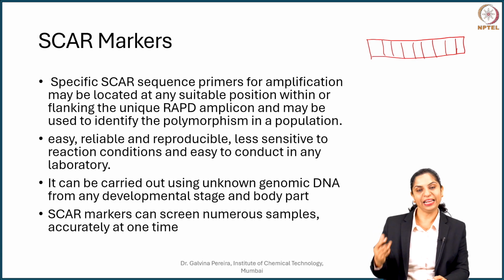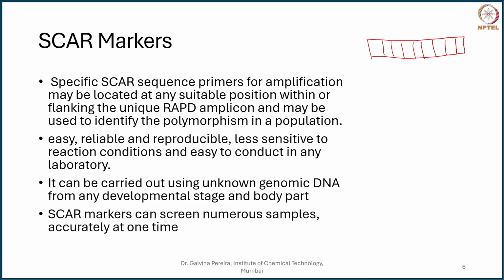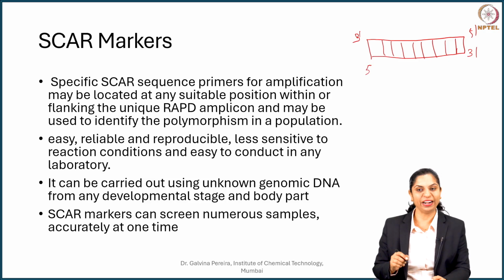But understand, in AFLP, if you take this fragment and characterize the sequence of this DNA fragment, what you get typically is what is called a sequence characterized amplified region.